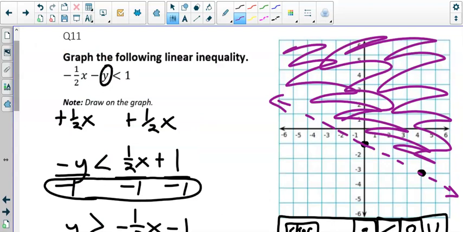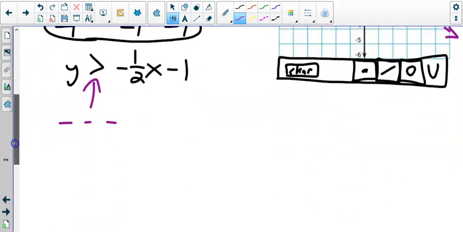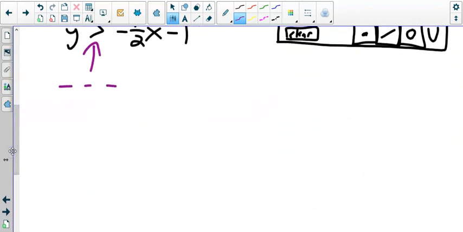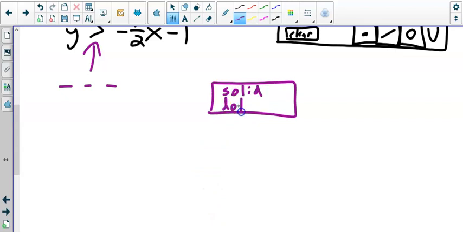Now, in IMath a couple things. IMath will not give you the solid or the dotted line capabilities, and sometimes it doesn't do the shading very well. So what could happen is, in IMath when it talks about the line, you'll have a drop-down box, and inside it, you will either select solid or dotted.